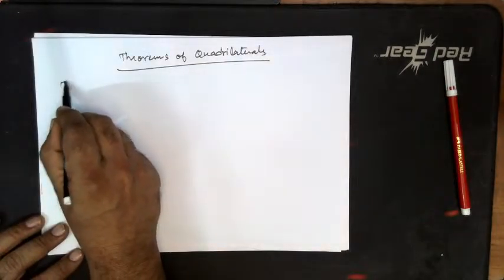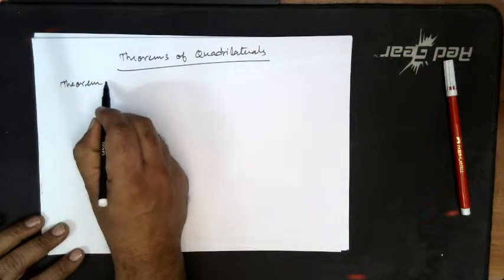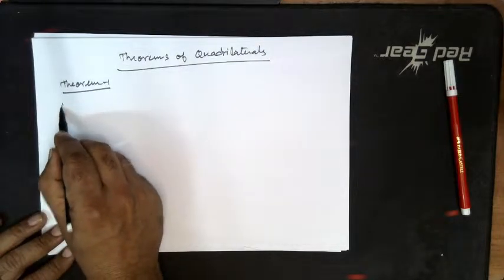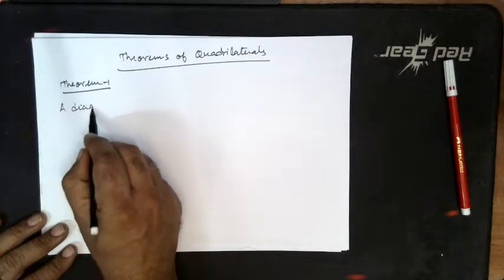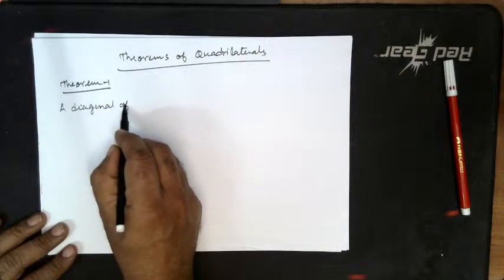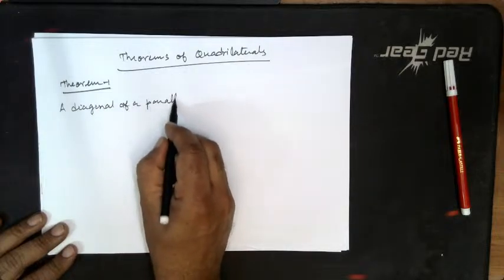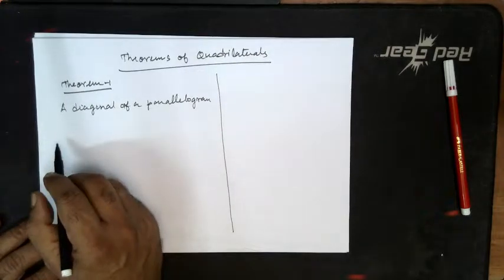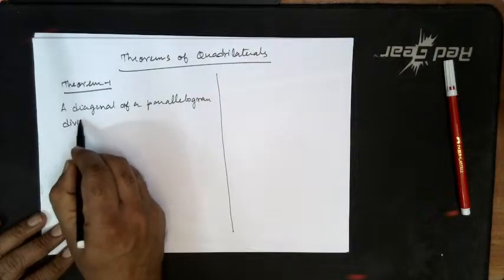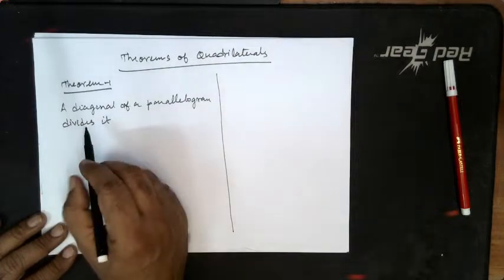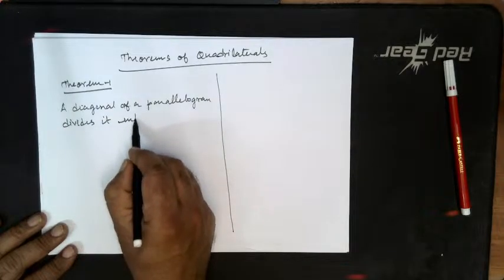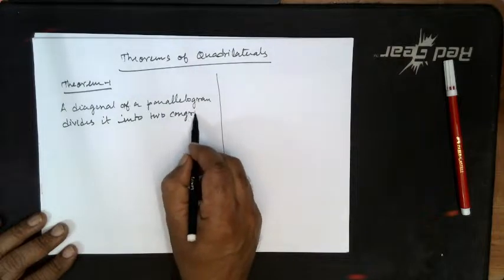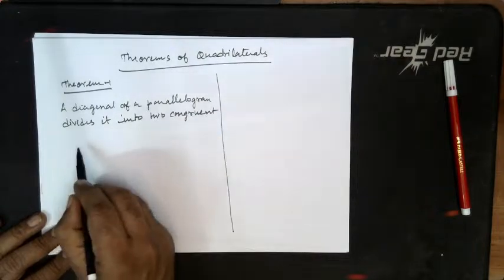Theorem 1. A diagonal of a parallelogram divides it into two congruent triangles.